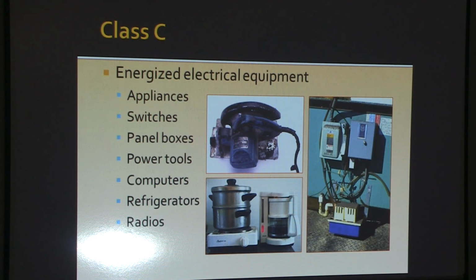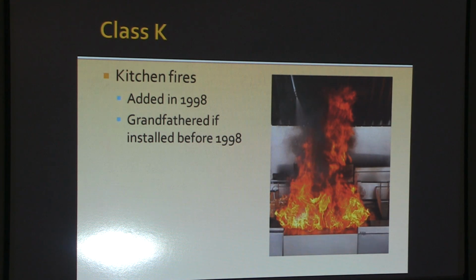A Class C fire is electrical equipment, appliances, switches, panel boxes, power tools, computers, refrigerators, radios, coffee pots, to name a few. And then a Class K is a kitchen fire. This typically is grease, either in an oven or on top of a stove.